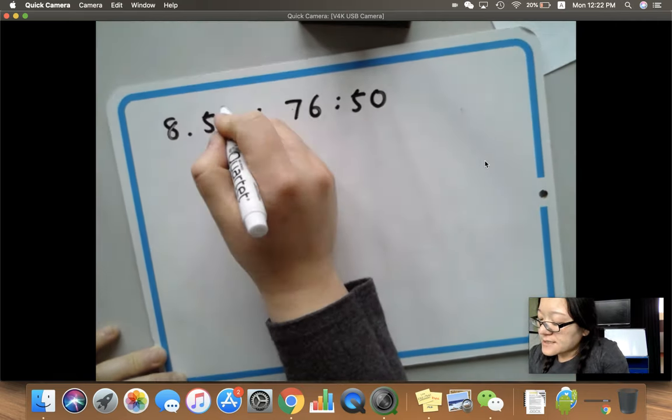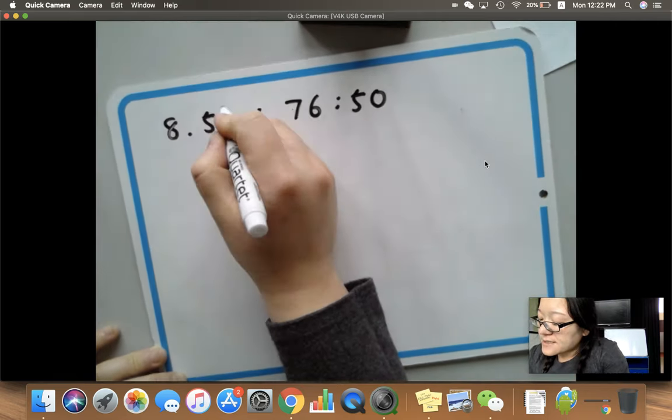And let's see. 85 divided by 5 is 17. Is that right? Yes, because 50 is 10, so 17.